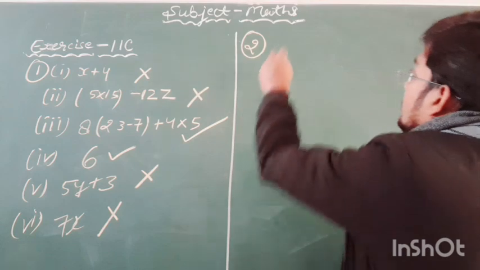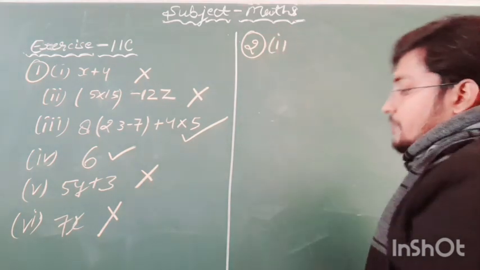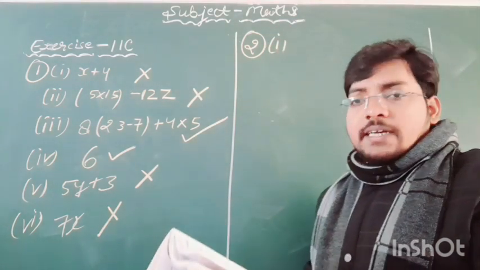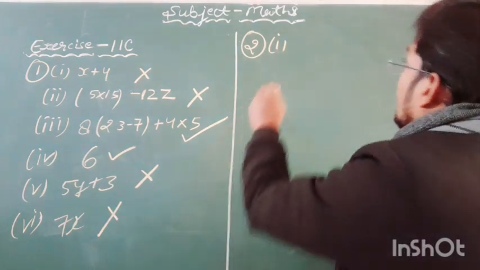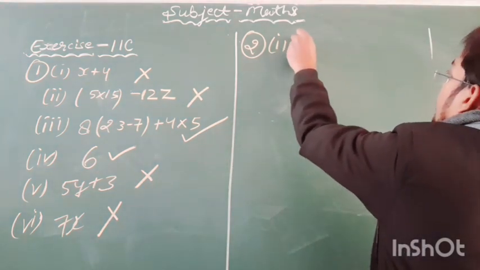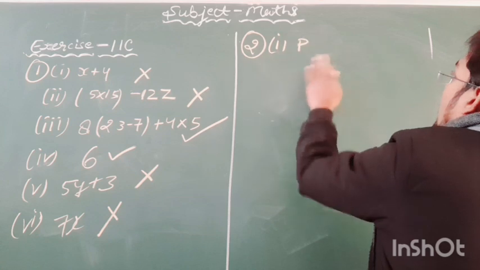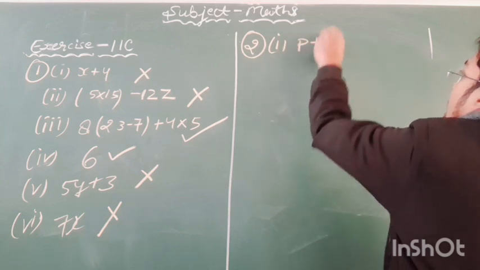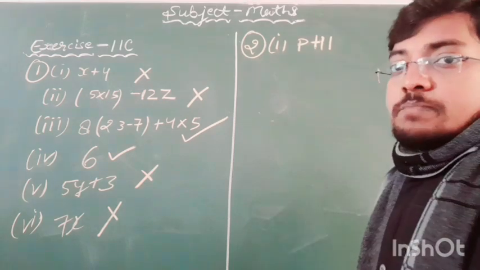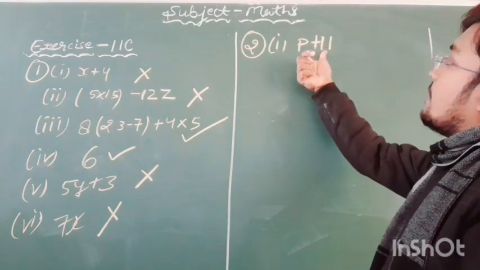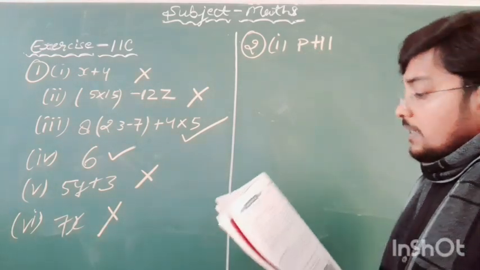So first is saying that 11 added to p. 11 added to p means p plus 11. A variable which is p and to which 11 is added.